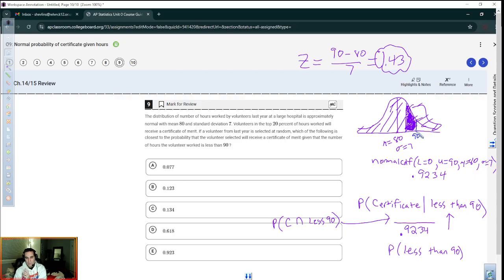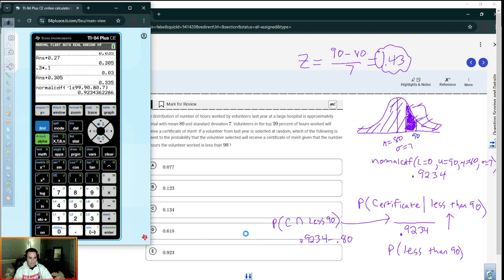So if you know this is 92%, and you know from here down is 80%, because if you're in the top 20%, that means 80% is below you, if you do 92% minus 80%, you know how many were in that dark region. So there is about 12% in the dark region.